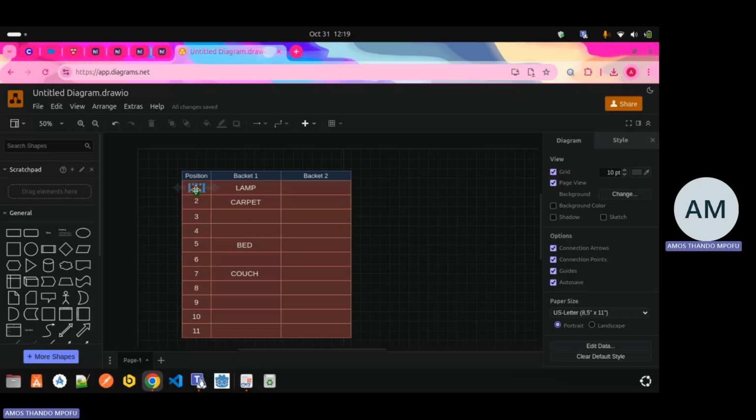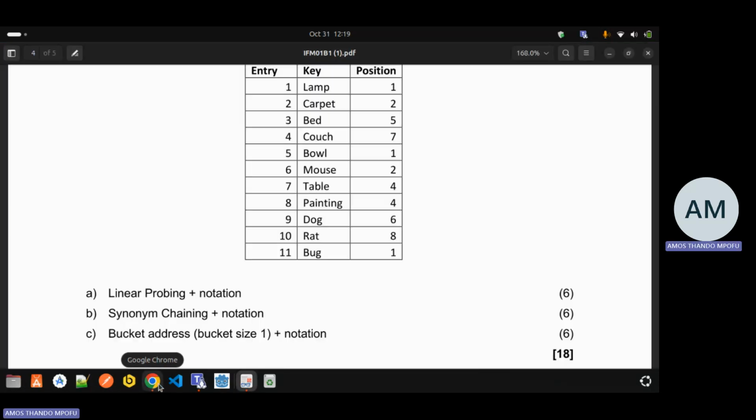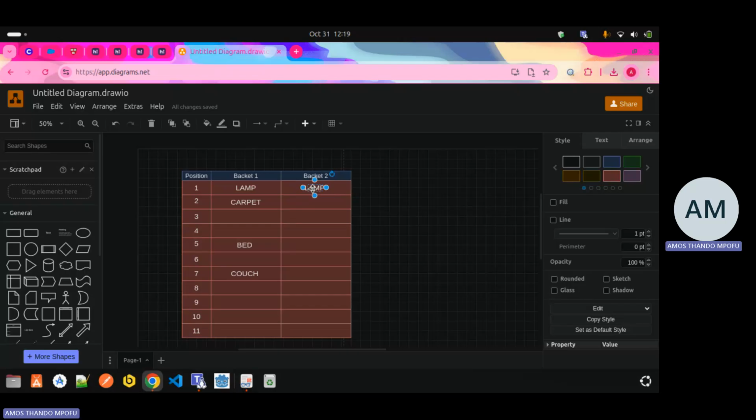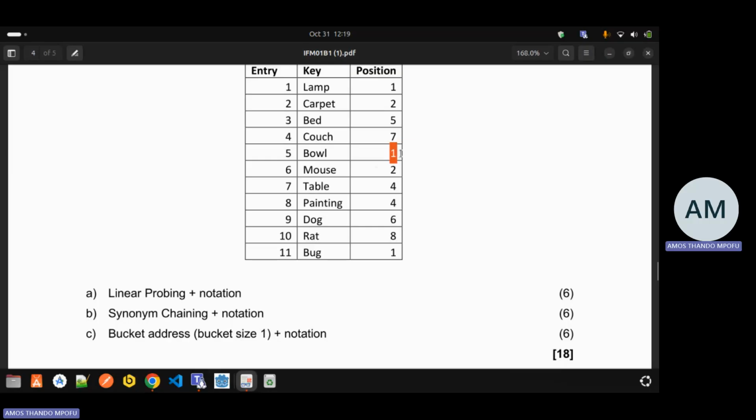So we see bowl, the first bucket is already filled at index 1. So we need to use the next bucket. At that specific row, they need to match. So it's bowl, bucket 2, and then we've handled this collision.